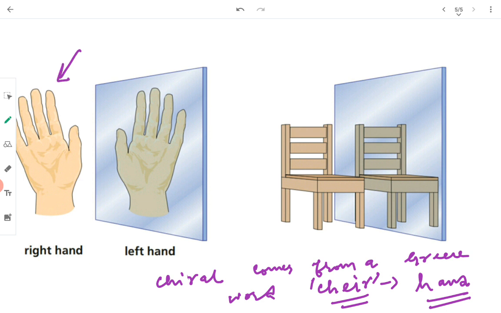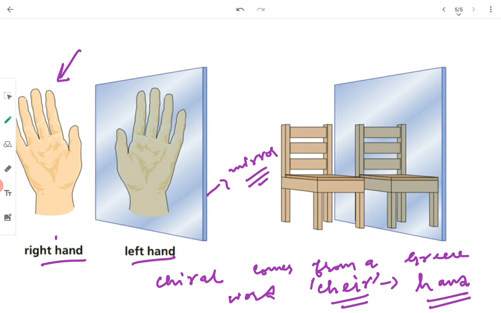This is a hand. You can see it. This is a mirror here. And in the mirror, you see, this is the right hand and this is the left hand. Your right hand in the mirror will look as if it is a left hand, and your left hand in the mirror will look as if it's your right hand.